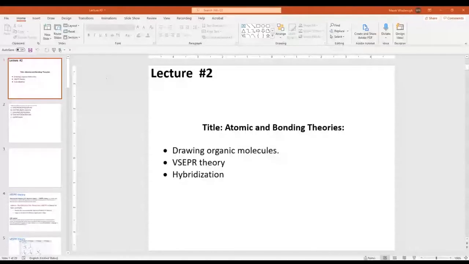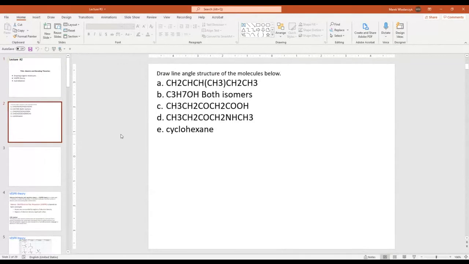And in here we have another example of the different types of line angle formulas that you need to draw for 5 different molecules here. Okay, so we have CH2, CH, CH, CH3, CH2, CH3.